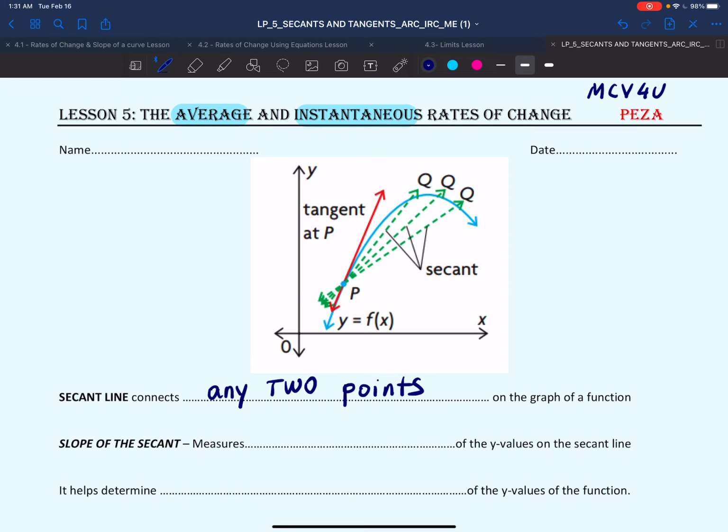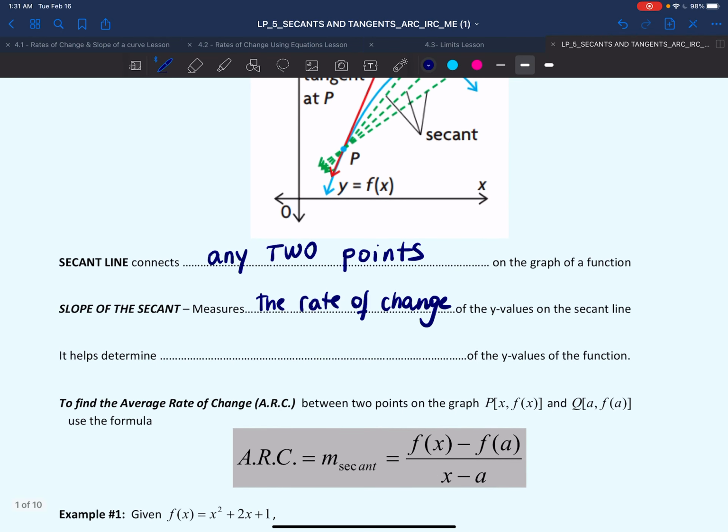Now, the slope of the secant line will measure the rate of change of the y values on the secant line. And that will help us determine the average rate of change of the y values of the function.